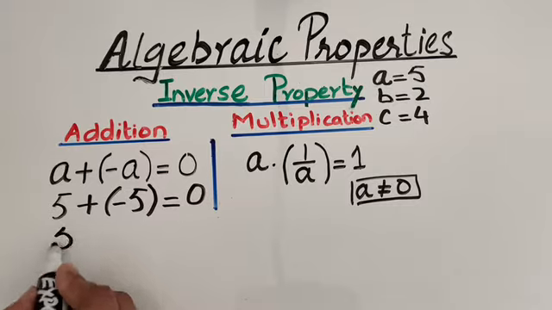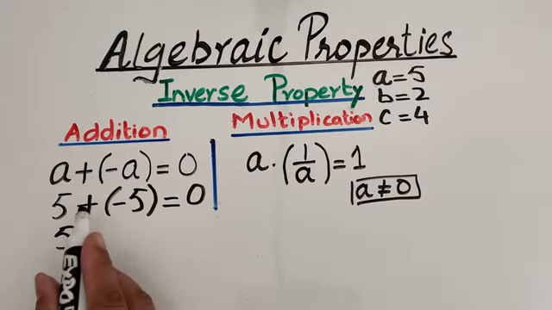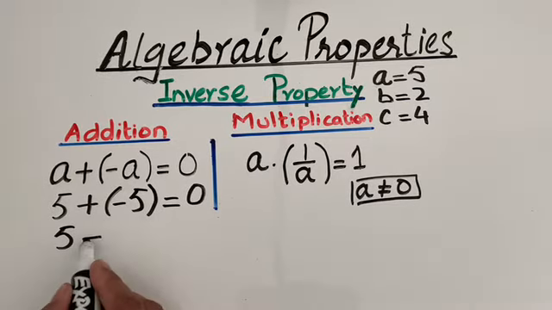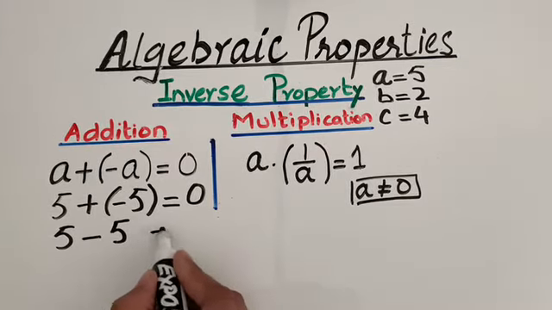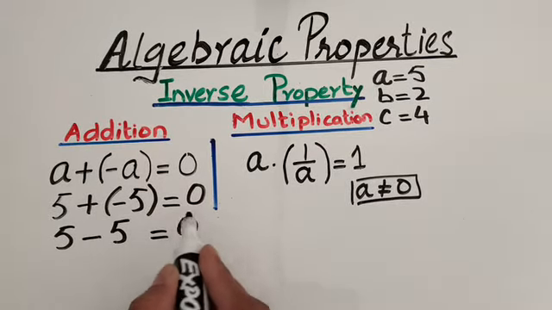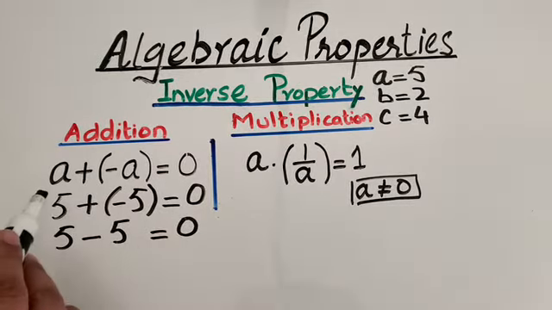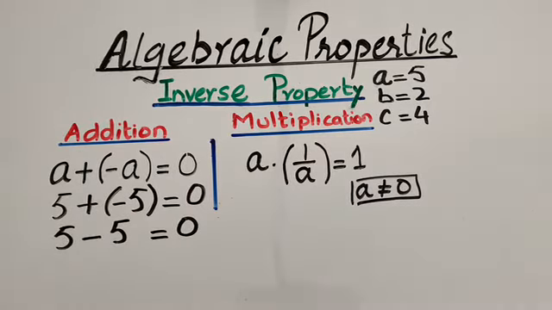You can solve it like this: plus times minus means minus, when we multiply both signs. 5 minus 5 is equal to 0. So this has proved the inverse property of addition: A plus minus A is equal to 0.